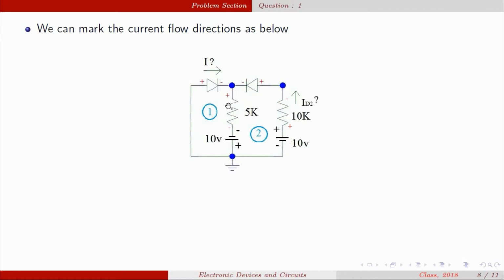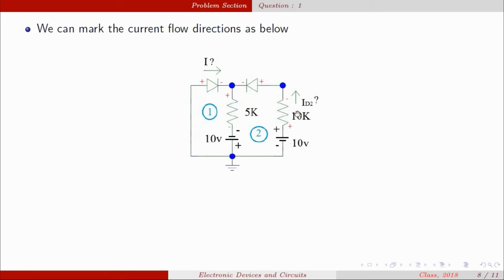And in this resistor also the current flows top to bottom, that's why we put positive at the top and negative at the bottom. Here in this loop the current is flowing from this point to this, that is, in the anti-clockwise direction.